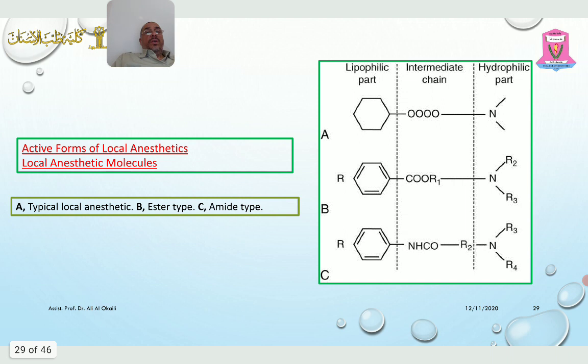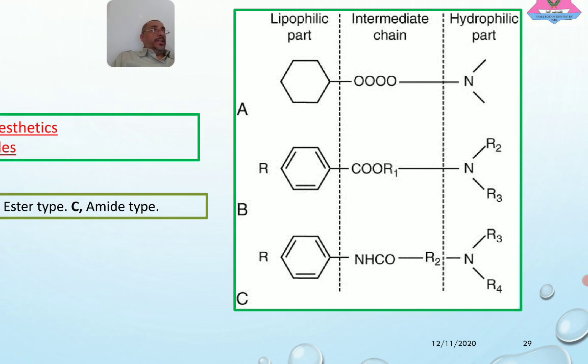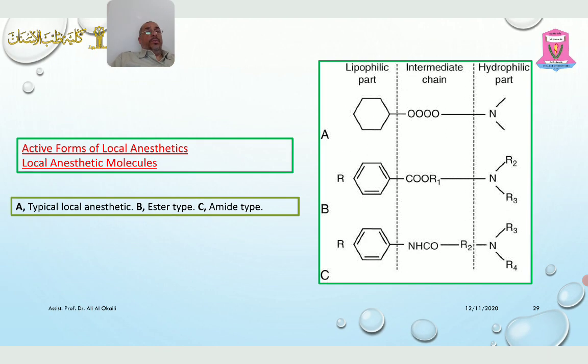So we have two groups of local anesthesia, الأستر جروب والأمايد جروب. وهذا هو الفيجر يوضح لنا الليبوفيليك بارت والهيدروفيليك بارت، وبيناتهم الانترميديت تشين اللي هي إما استر جروب أو أمايد جروب.